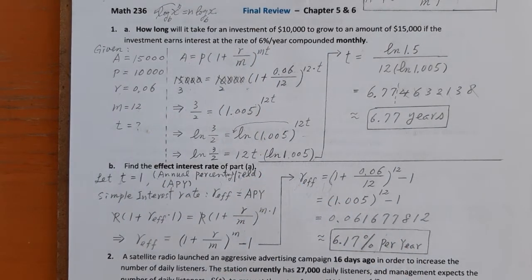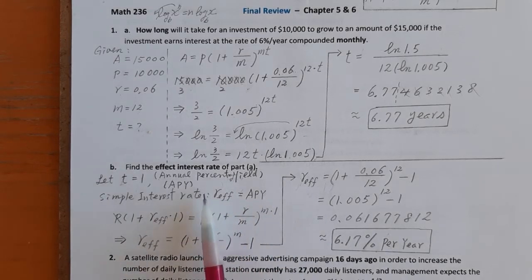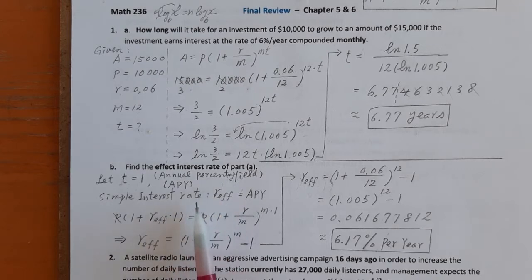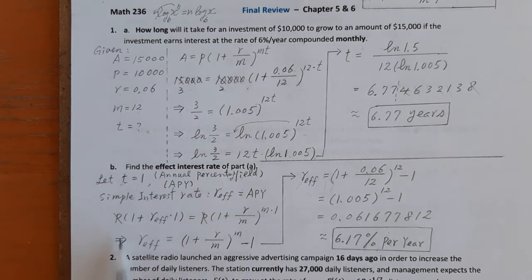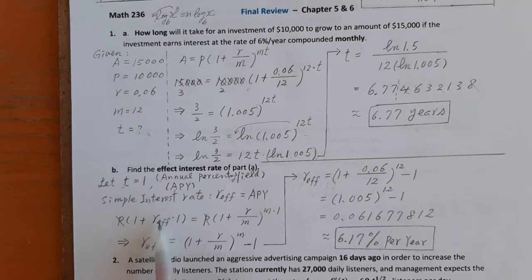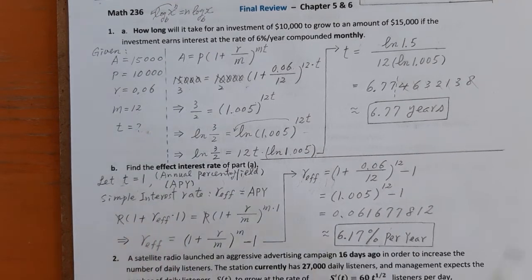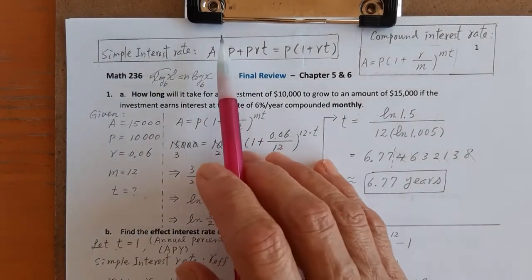Converting to simple interest, we call it annual percentage yield, APY, also called the effective interest rate. To figure out this effective interest rate, use T equals 1: principal times 1 plus the effective rate times 1. This is a simple interest amount formula.